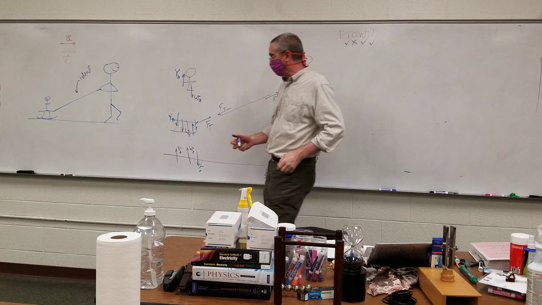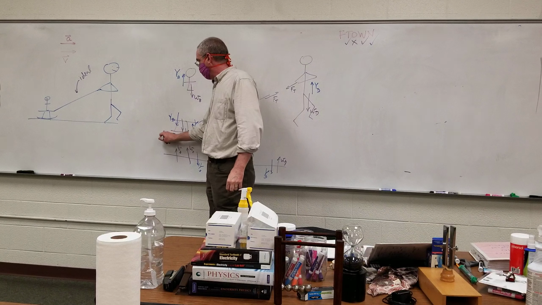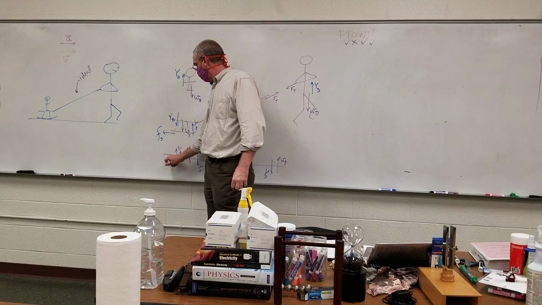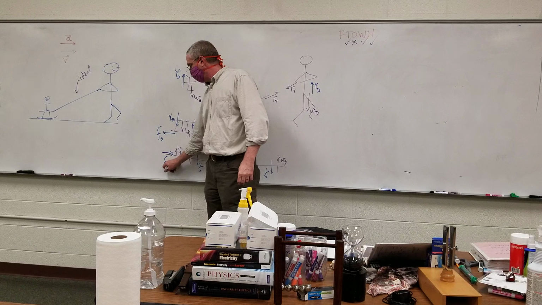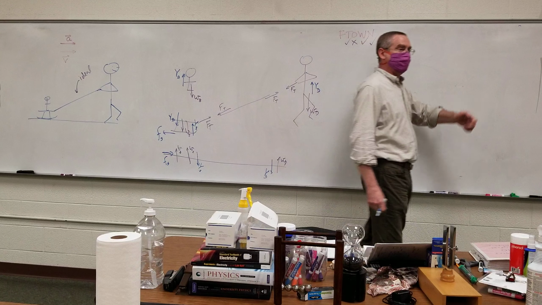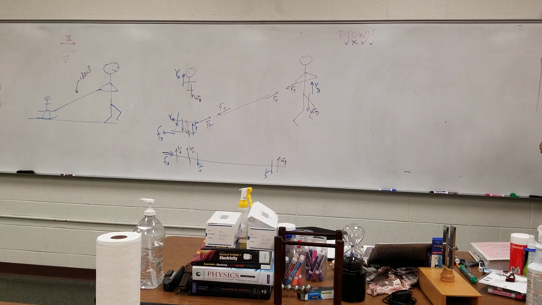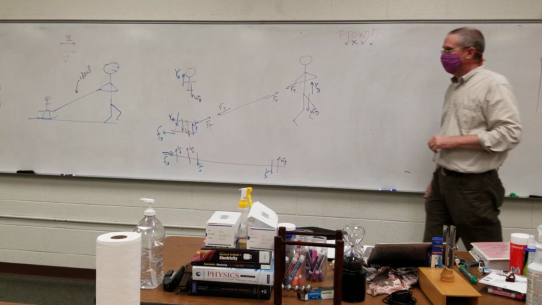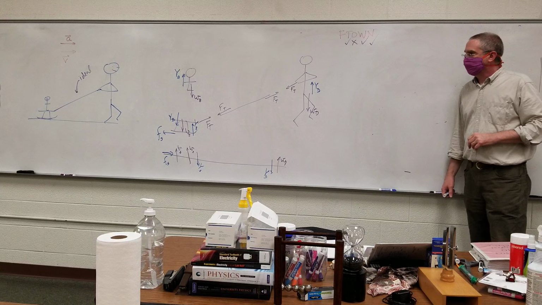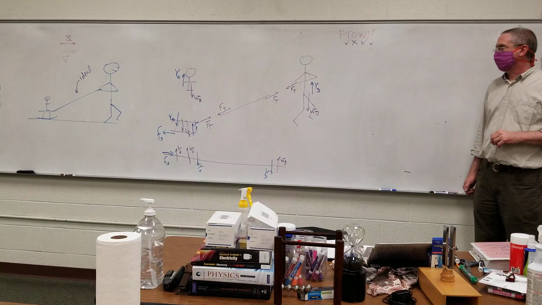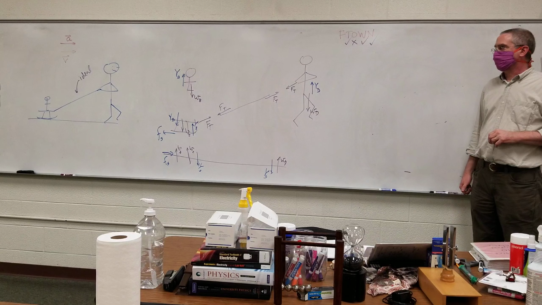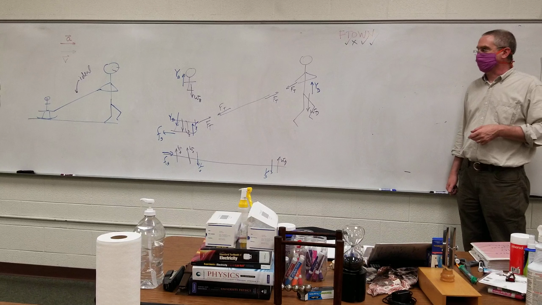And I saw a couple of other people gesturing the same way, because the sled is moving to the right and friction wants to oppose that. And now, the other two are probably of equal complexity.